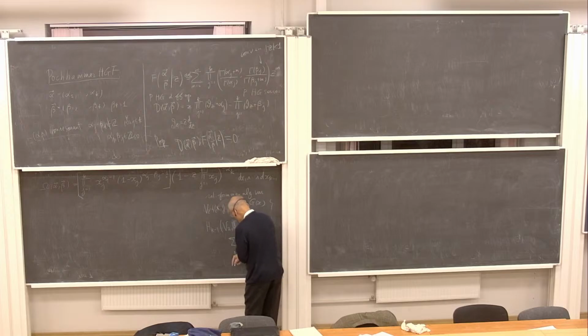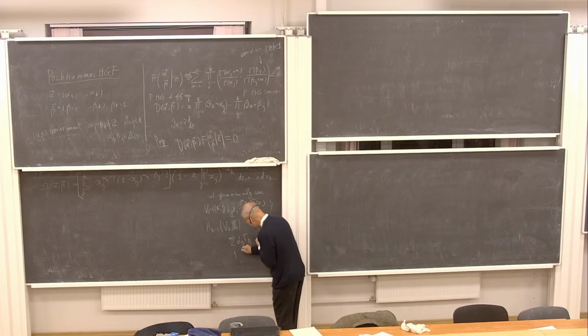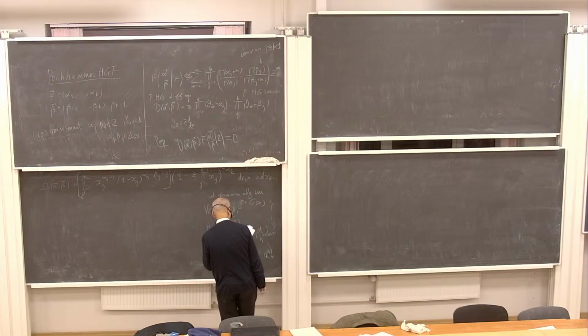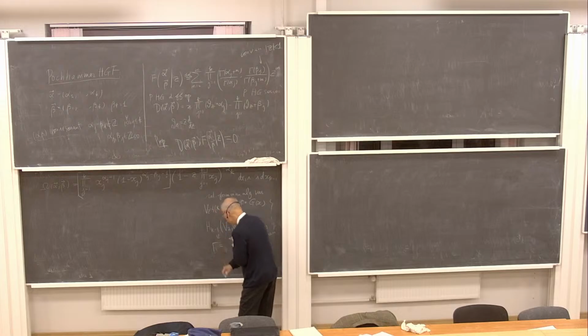Let alpha_j be complex and gamma_j be some k minus 1 chain, such that the boundary of gamma is 0.